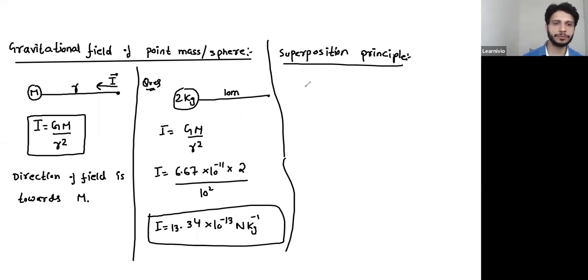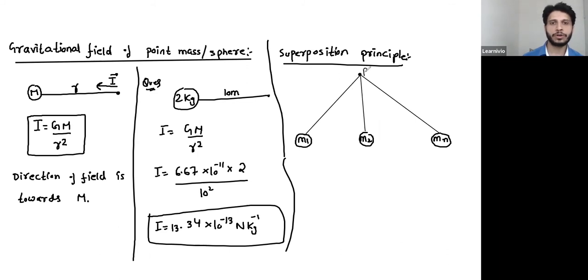So the superposition principle says if you have a number of masses m1, another mass m2, up to a mass mn, due to these n masses you are calculating the field over this point P. Due to m1, this is the direction of field I1.